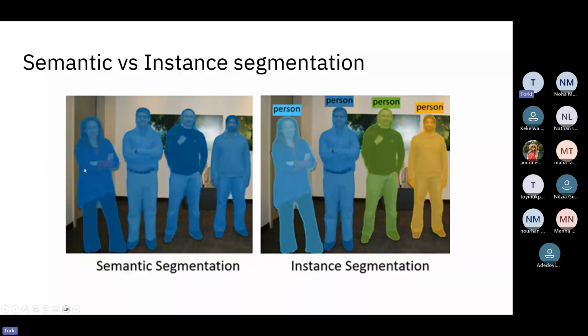One color code for the 4 persons. Here we have a different color code for every person. Person 1 will have light blue, then dark blue, green, yellow. So we have different color codes, which means we have 4 masks. But on the left, we have 1 mask.